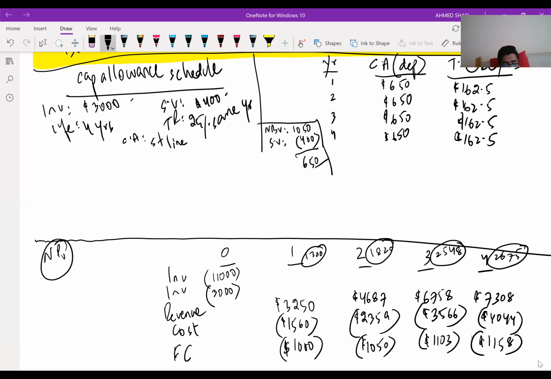So you all know revenue less variable cost less fixed cost will give you taxable profits.